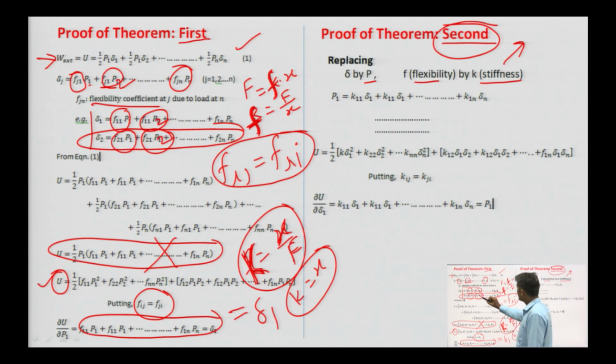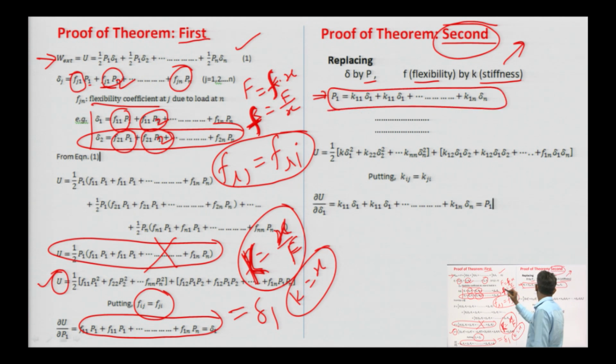So replace flexibility by stiffness and displacement by force P. We will have the value of force P 1 equal to this: this component is the value of the force due to displacement del 1, and this component is the value of the force for displacement del 2.